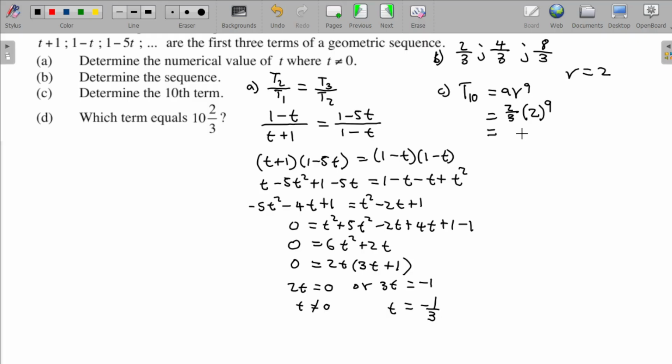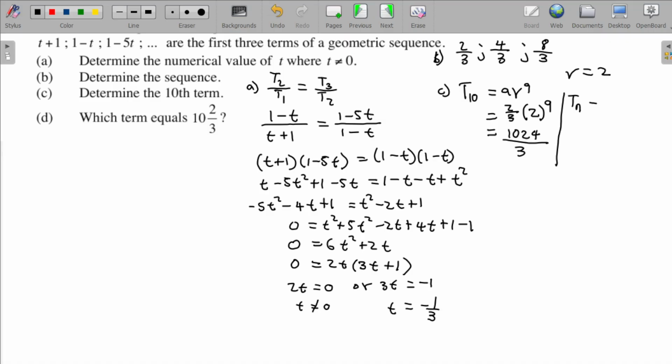And then we get this now, punch your calculator: 2/3 times 2 to the power 9, and then you get your answer as 10 2/3. If you don't want to do it like this, you just want to find the nth term first, do it like that. Again, there's not going to be a problem.